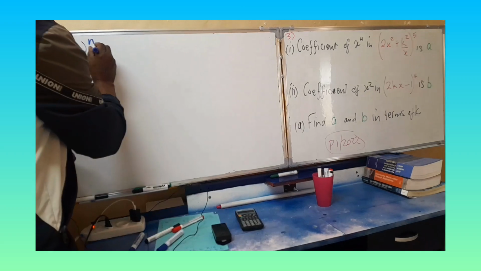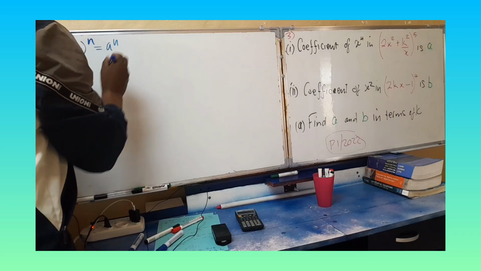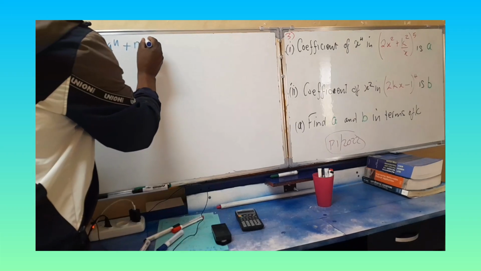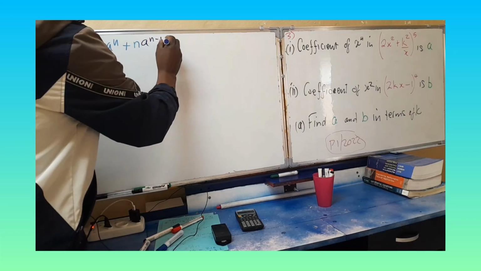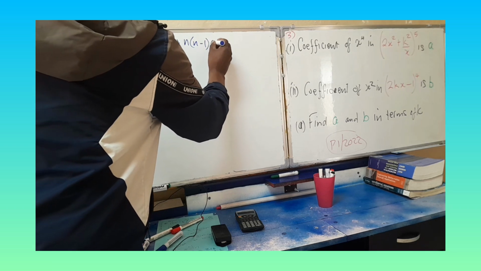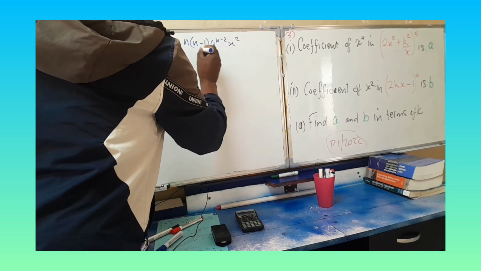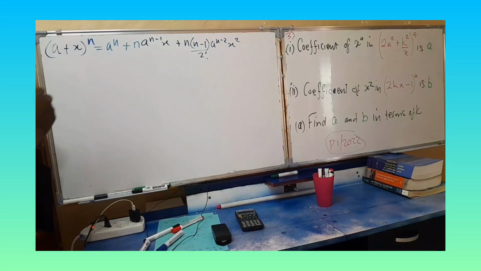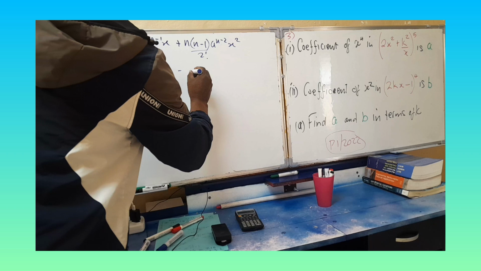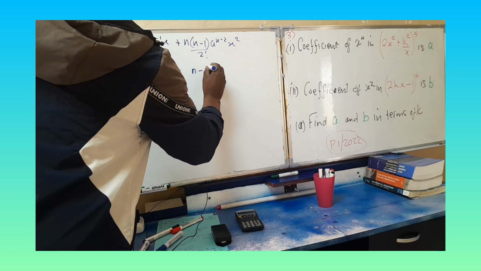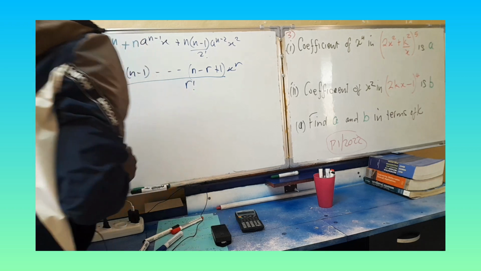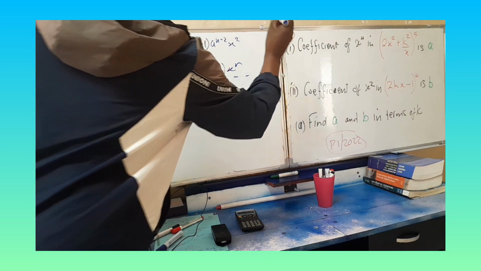this is equal to a to the power n, plus n a to the power n minus 1 x, plus n(n minus 1) a to the power n minus 2 x squared all over 2 factorial, plus n(n minus 1) all the way up to (n minus r plus 1) x to the power r, all this over r factorial, all the way up to x to the power n.